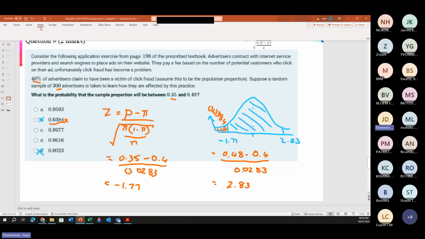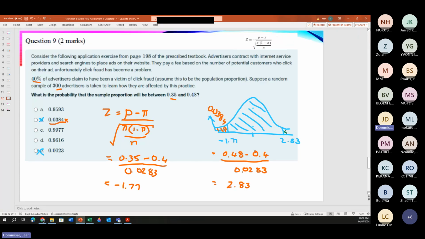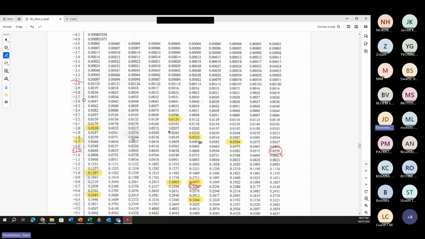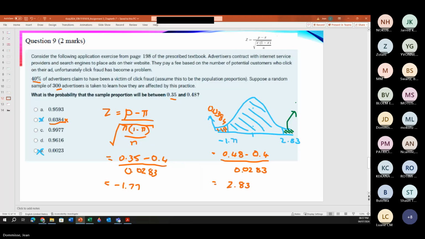Let's get the right-hand side. I would also go to the negative table because I just want that small area. Negative 2.83 would give me that small area. Let's just look. 2.83 is 0.0023.